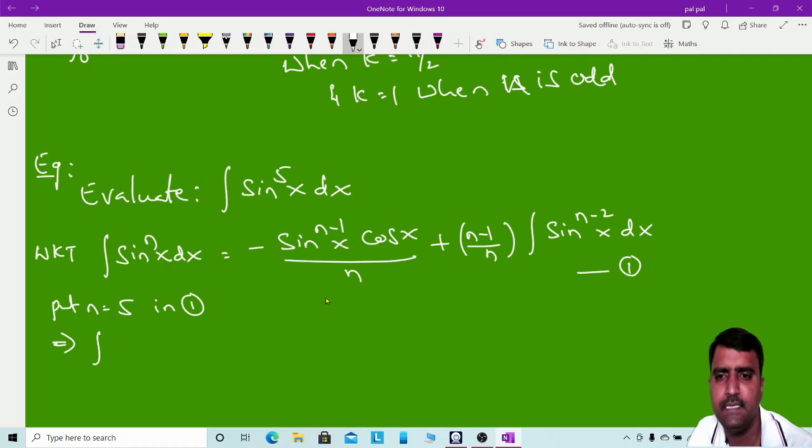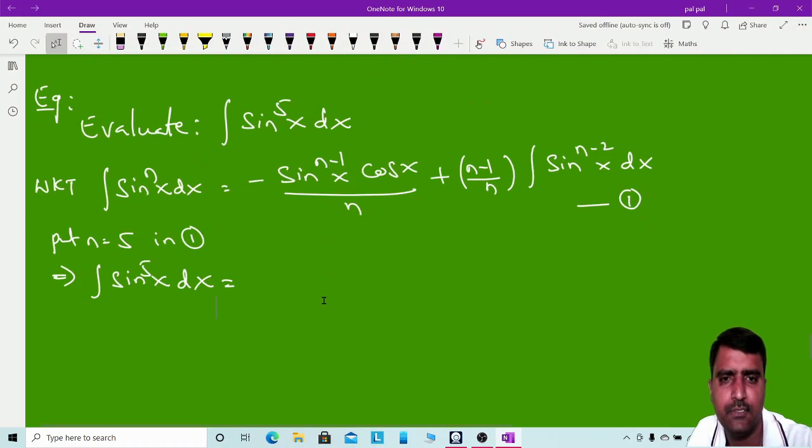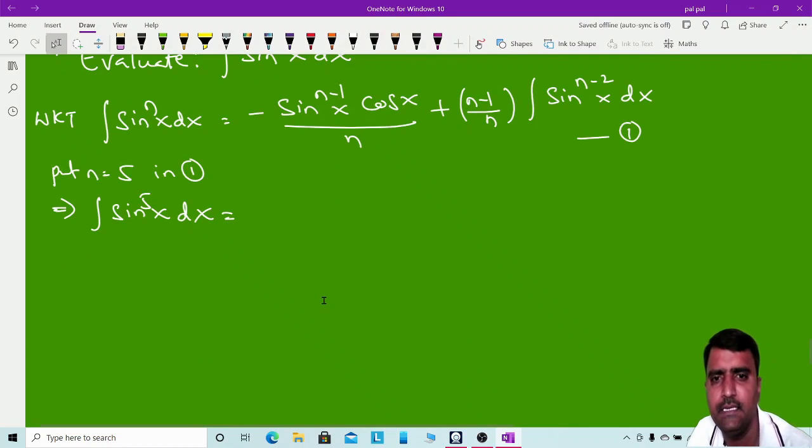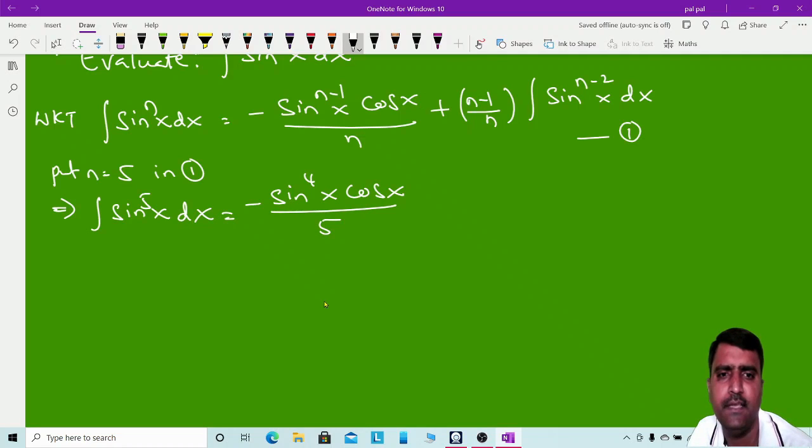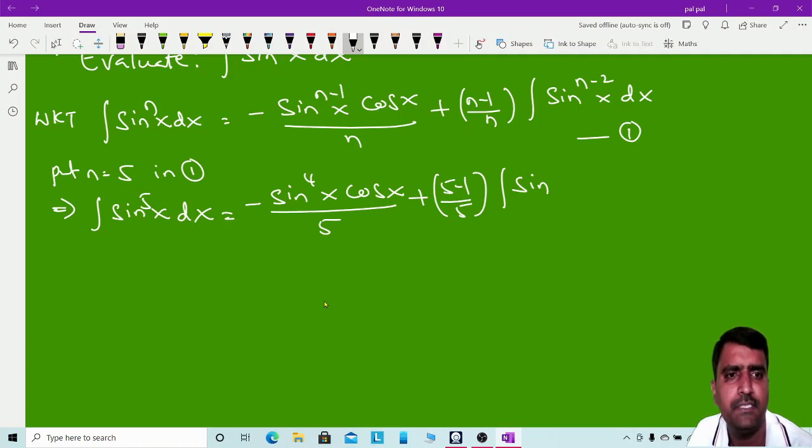So now integration of sine to the power 5 x dx is equal to, when you put n is equal to 5 here, minus sine to the power n minus 1, that is 5 minus 1 is 4, x into cos x divided by n is 5, plus 5 minus 1 by 5 into integration of sine to the power 5 minus 2 is 3 x dx.